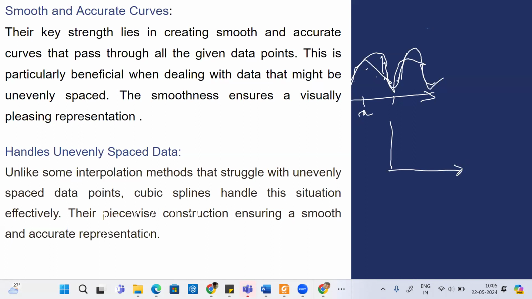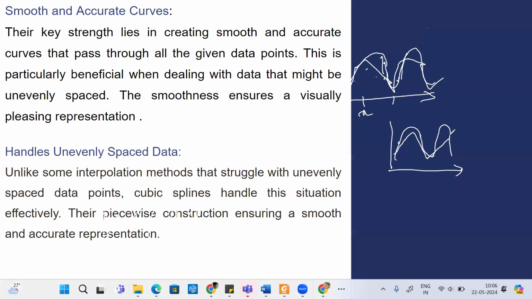We already seen in the graphs like this that it gives a smooth curve. This is the actual curve. Through cubic spline interpolation, we will get smooth and continuous curves. I think the major advantage of the cubic spline is the smooth and continuous curve, and the smoothness we can see that.